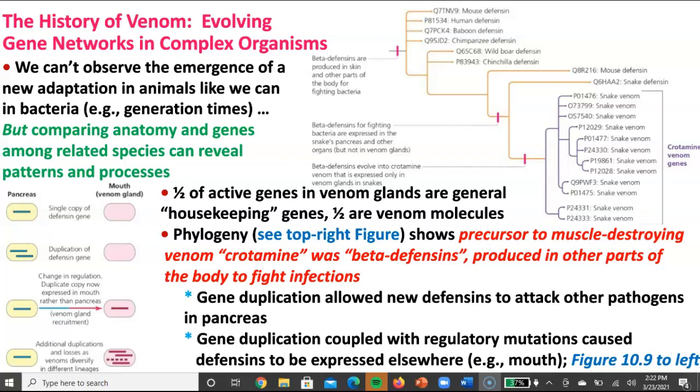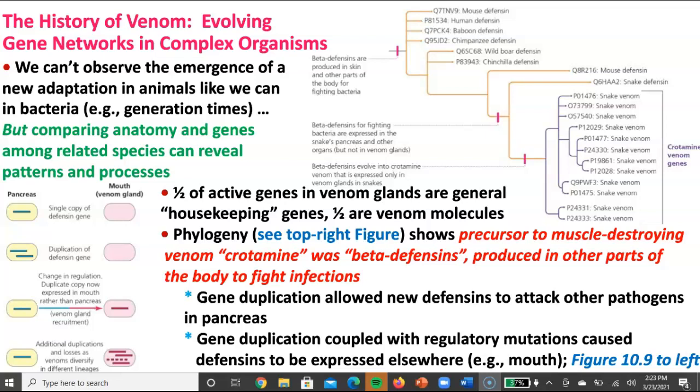And so again, we're dealing with figure 9.9, not 10.9. And so if you look on the left-hand side of the slide here where that figure is shown, we're saying, okay, we're starting off with, in the snake condition, a single copy of the defensin gene being expressed in the pancreas. And we get a duplication of the defensin gene. Okay, so that duplication is found in all the cells of the body, but it's being expressed in the pancreas.